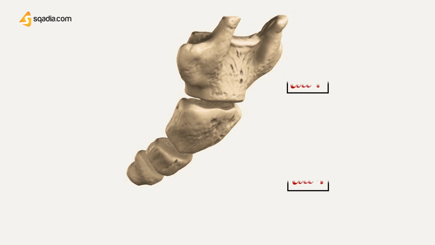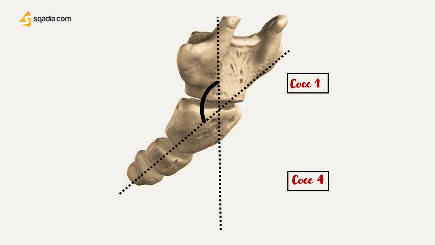Another very important parameter is the intercoccygeal angle, and it has clinical weightage too. It can be measured between the first and the last coccygeal segment as shown here. It is basically present where the intercoccygeal joint can be found. The mean value is almost 140 degrees, and as the angle becomes more acute, the coccyx will be facing more anteriorly.